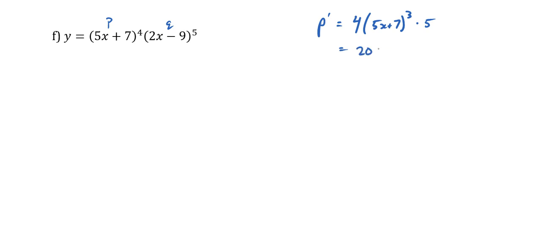So that works out to 20(5x plus 7) cubed. And Q prime is 5 times (2x minus 9) to the 4 times the derivative of what's inside, which is 2.